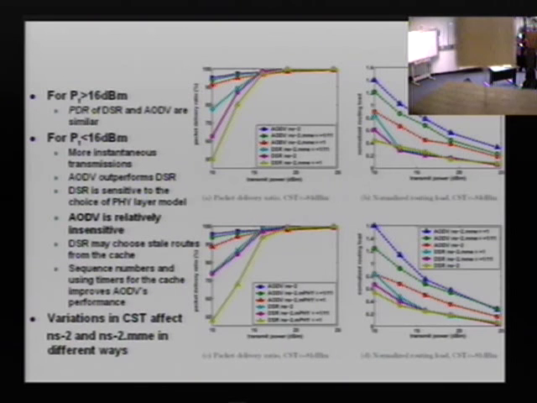So in NS2 MME, this degrades the performance. However, in NS2, this improves the performance because you have more transmissions and also you don't care about the transmissions outside the carrier sensing range.